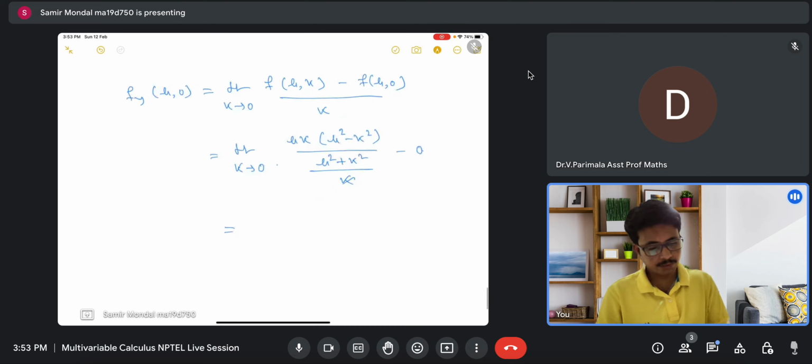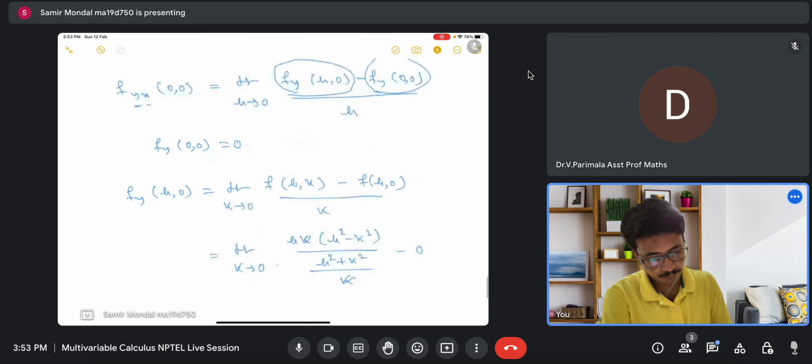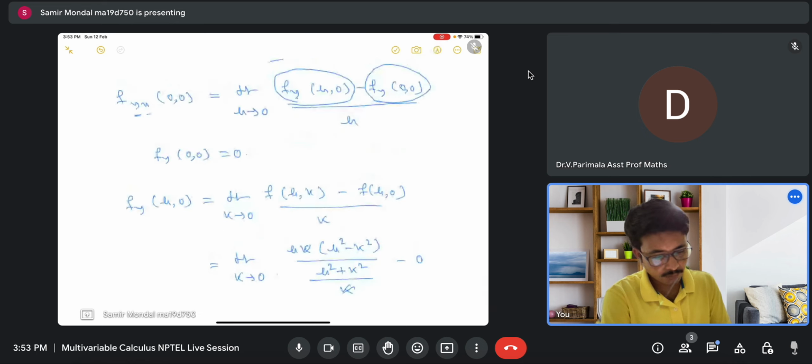So your k will cancel out, and we'll get only h. So ultimately we'll get limit h tends to 0, (h − 0)/h, equal to 1.